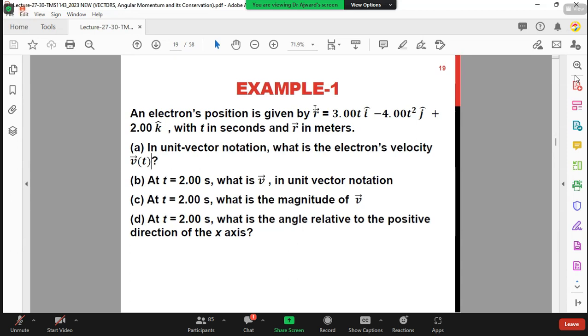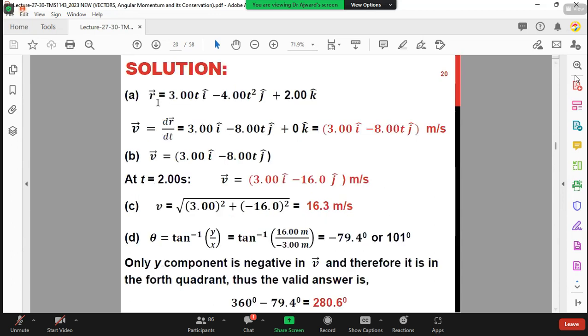So you just have to take the derivative dr over dt, and you do the derivative for each component. The i hat component, j hat component, k hat separately. So here I put the answer also. Now the position vector is a bit more complicated.